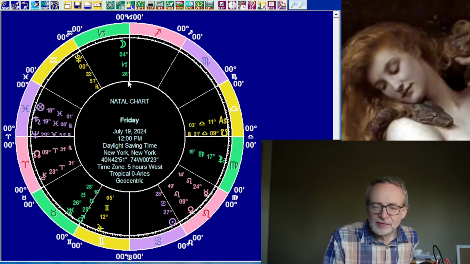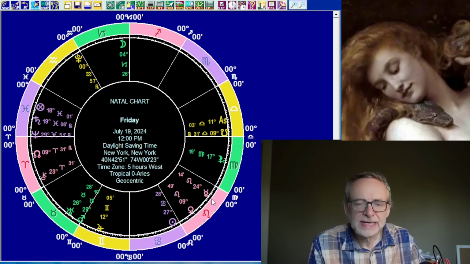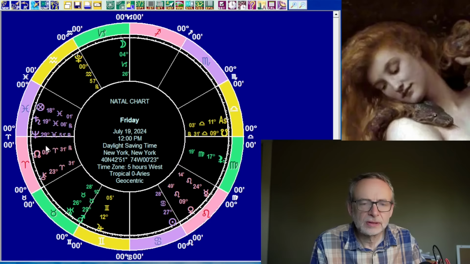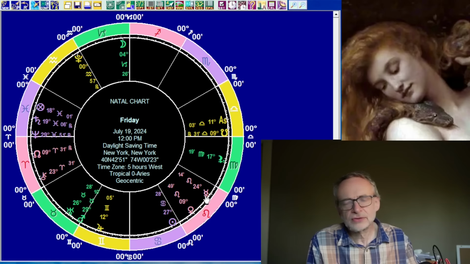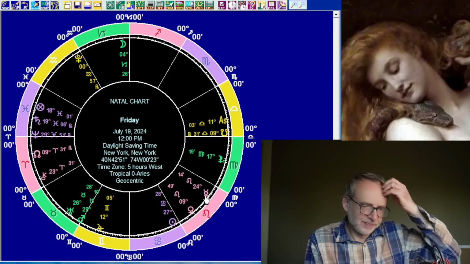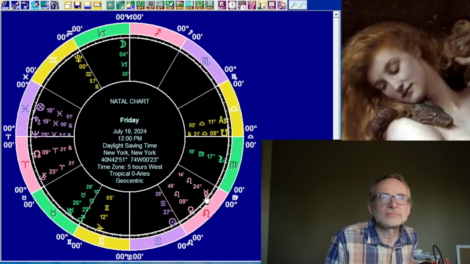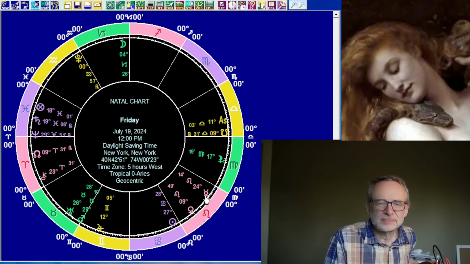We do have a couple of biquintile, quintile aspects. Mercury is biquintile Neptune. So that means Mercury and Neptune are around 144 degrees apart. That's 2/5 of the circle. So Mercury biquintile Neptune may be about trying to articulate something which is beyond us.